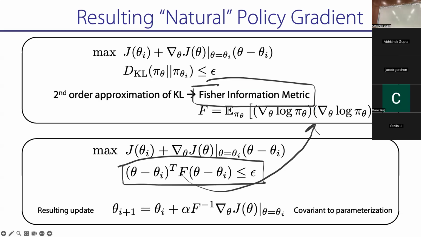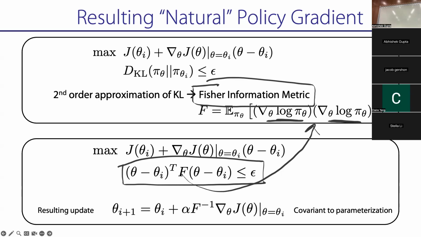I'm going to state this without proof, but basically the second order Taylor approximation of the KL divergence is theta minus theta I transpose times this matrix F times theta minus theta I. And F is essentially the outer product of grad log pi's. So it's kind of like a covariance matrix on grad log pi's.